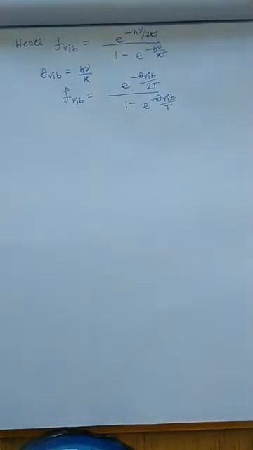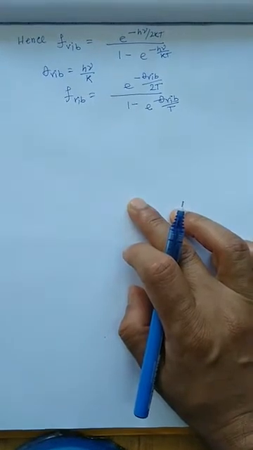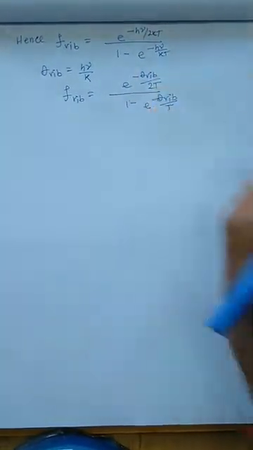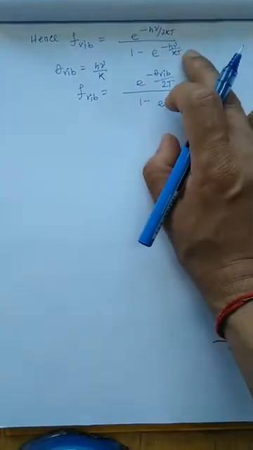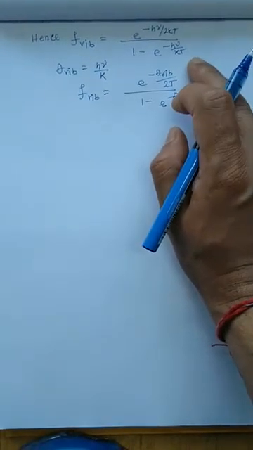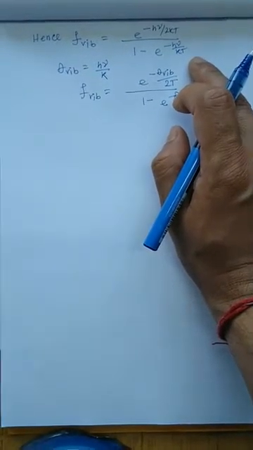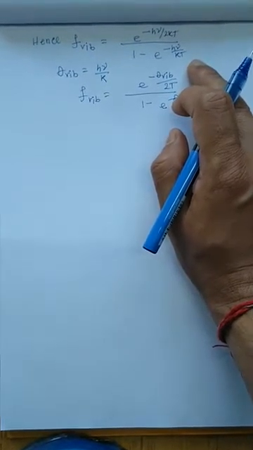If we like to represent it in terms of the characteristic vibrational temperature, then the form will be like that. This is the vibrational energy for a single molecule. If we multiply this quantity by N, then we get the vibrational energy for a mole of the gas.